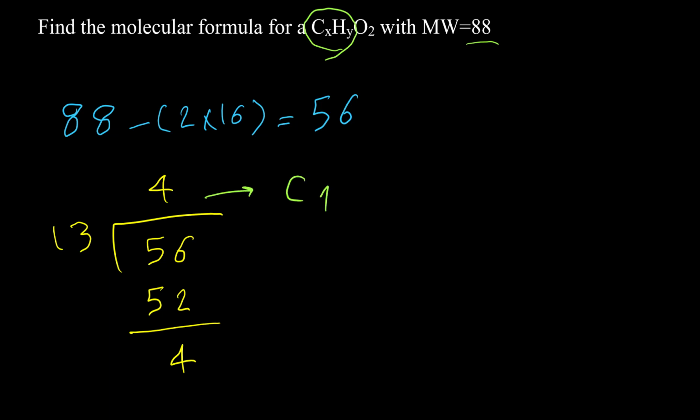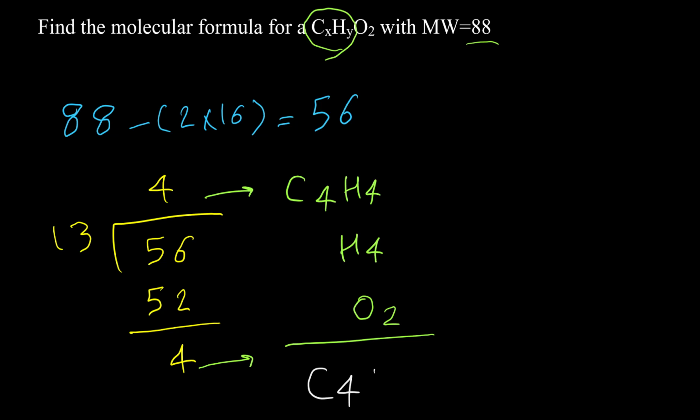So from here, we have C4, H4. And from here, we have H4. And we also know that we have O2 in our compound. Then I add O2 as well to this formula. Then the formula for this compound is C4H8O2.